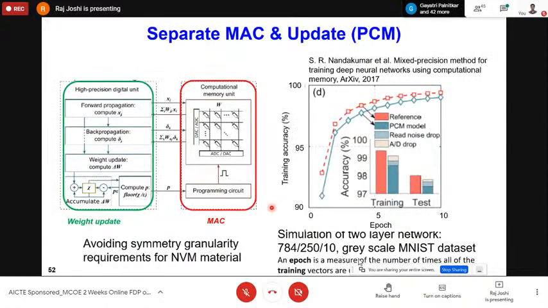So I'm just going to give you an example here of what is called a PCM. PCM is the phase change memory, and it is a crossbar, as I said, voltage on one side and also on the other side, and they look like this, and you can store this data in every single thing.